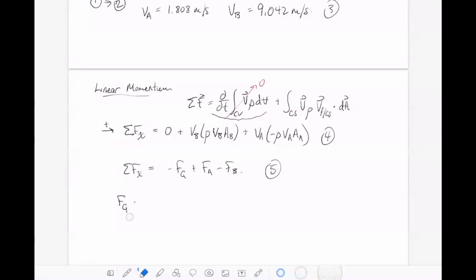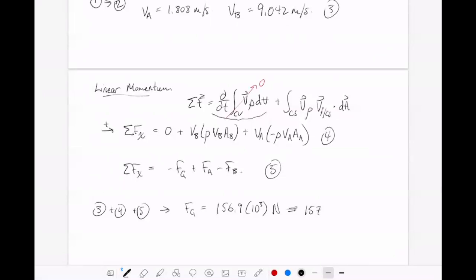So if we put all these together, we have Fg is equal to 156.9 times 10 to the 3 newtons, or 157 kilonewtons.